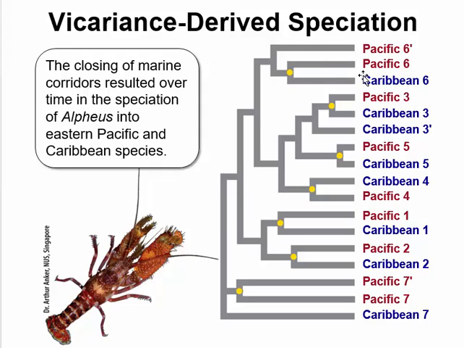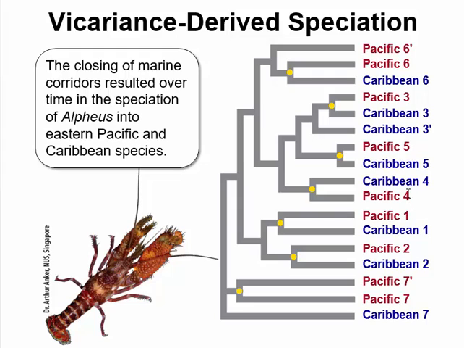These lineages of snapping shrimp, where you have one branch where you have the Pacific, this is species number 6, for example, up here. You have a Pacific lineage and a Caribbean lineage. This shows that there were 7 different snapping shrimp species before the Isthmus of Panama rose and created a blockage to gene flow.